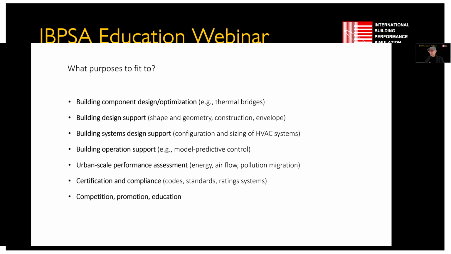We use model predictive control or other forms of simulation-assisted building control. We can also expand the scale and start talking about whole neighborhoods, urban microclimate and urban energy modeling. But simulation is also sometimes used for totally other purposes, whether that is appropriate or not is a matter for another discussion: for building certification processes, for demonstration of compliance with certain standards, or for rating systems and so on.